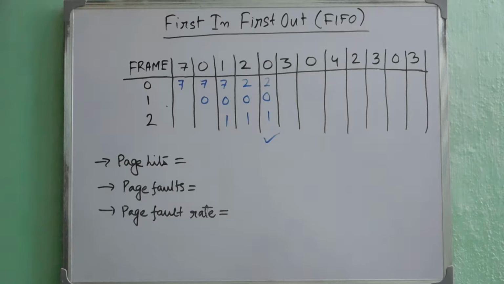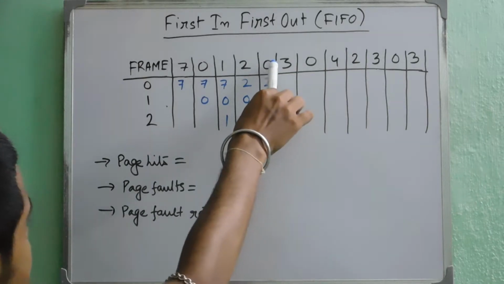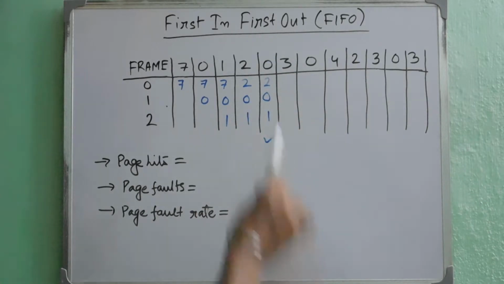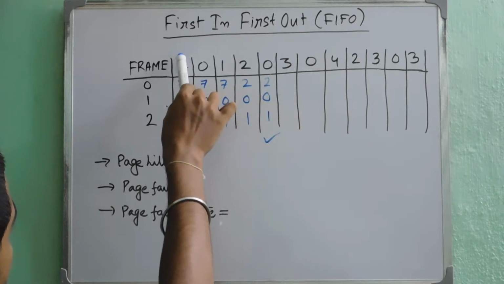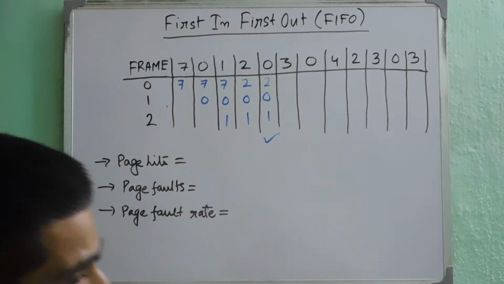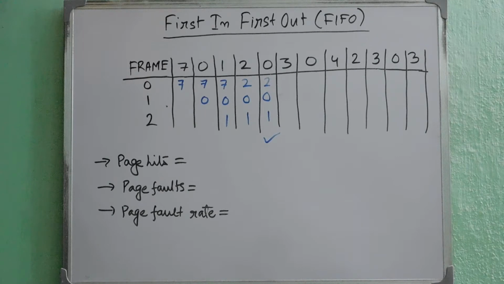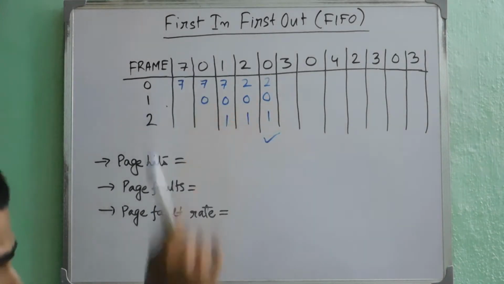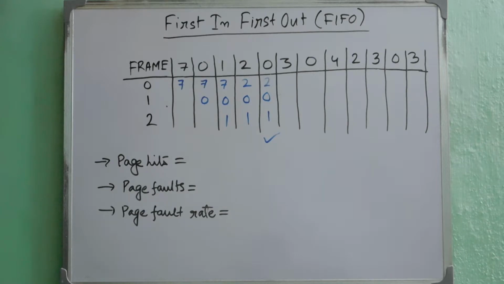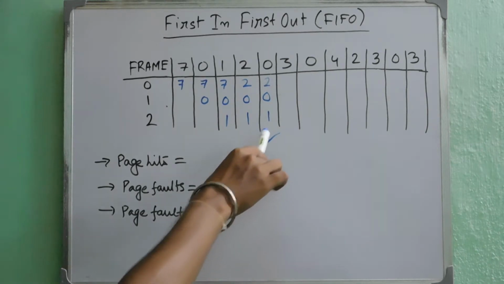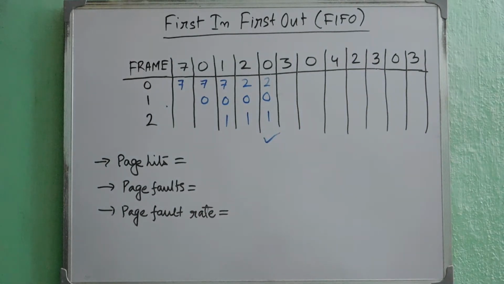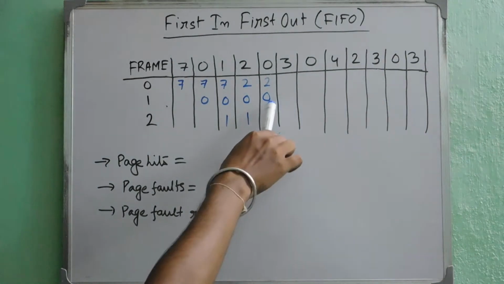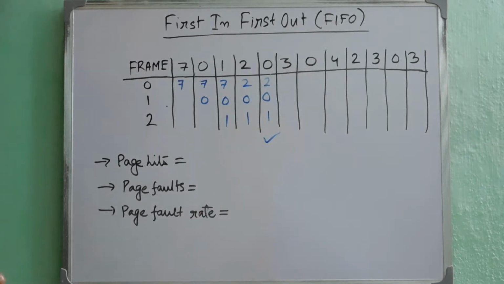I will explain it again. In this case 0 is there. The fifth page is 0, but 0 is already there from previous times. So that is known as a page hit. We will not replace anything and we will just write 0 in its original position.